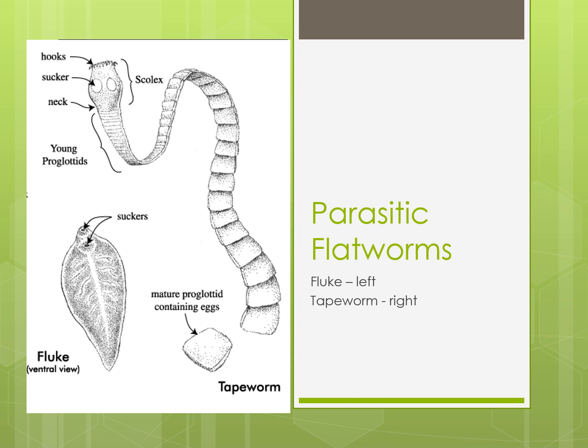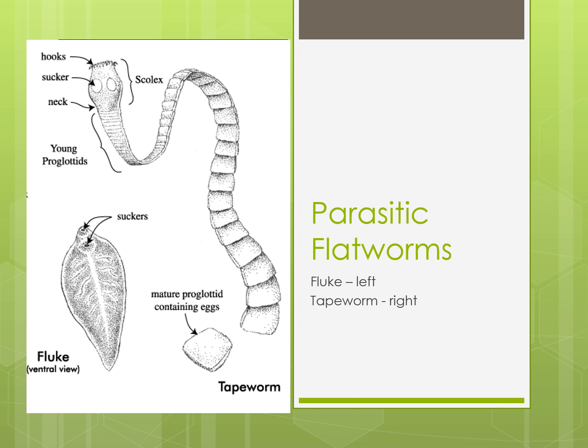So what you're going to see on both of these fellers is a sucker. Does precisely what you think it does. It's going to hook onto the intestines on the inside of an organism, and they are going to use that sucker to stay in place, as well as probably get some nutrients from their host.